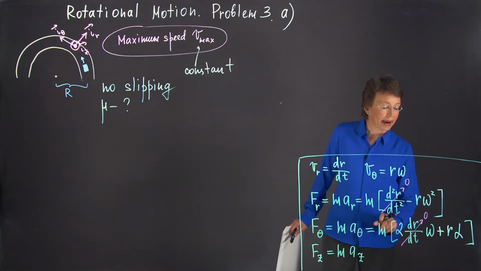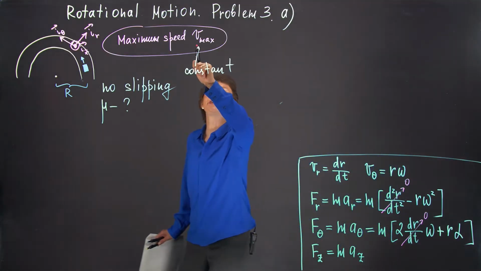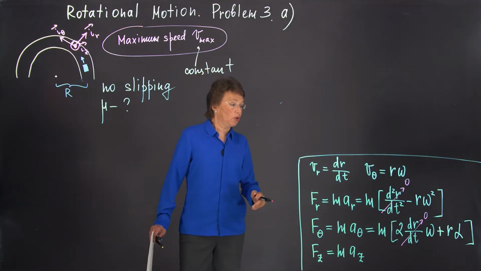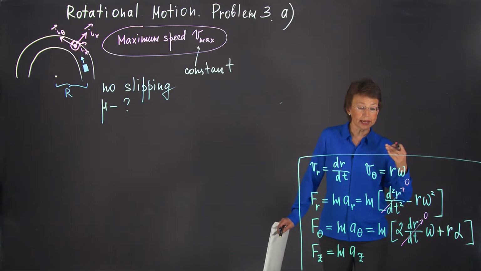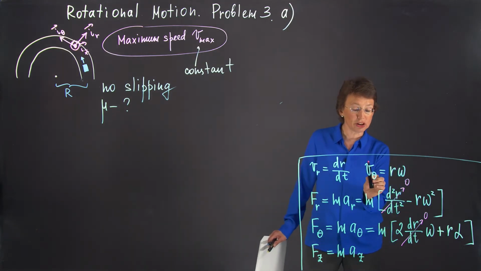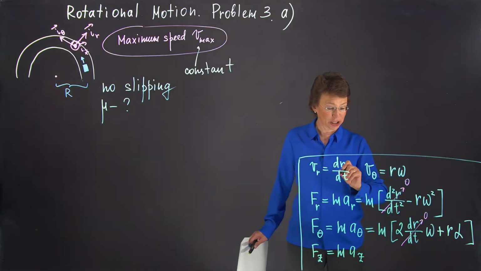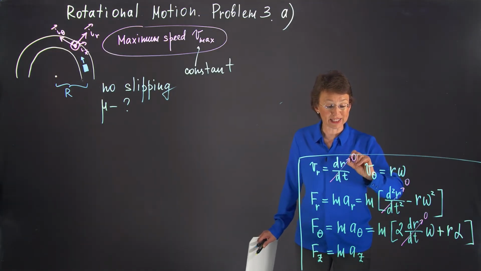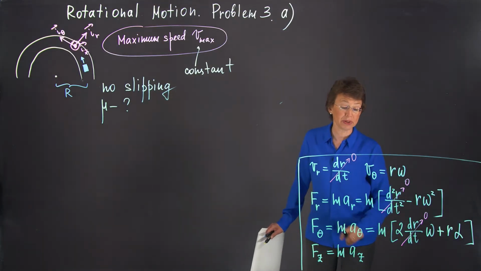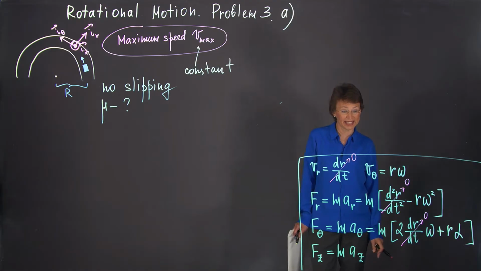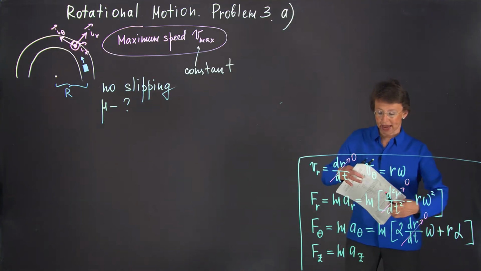Do I know omega? No, I don't, but I'm given V maximum. So either I use V maximum or I find omega, and I can easily do that because I know how my tangential component of velocity is related to omega. And we remind ourselves that VR, the radial component of velocity, is 0 because the radius stays constant and dr dt is 0. So I will rewrite this FR.